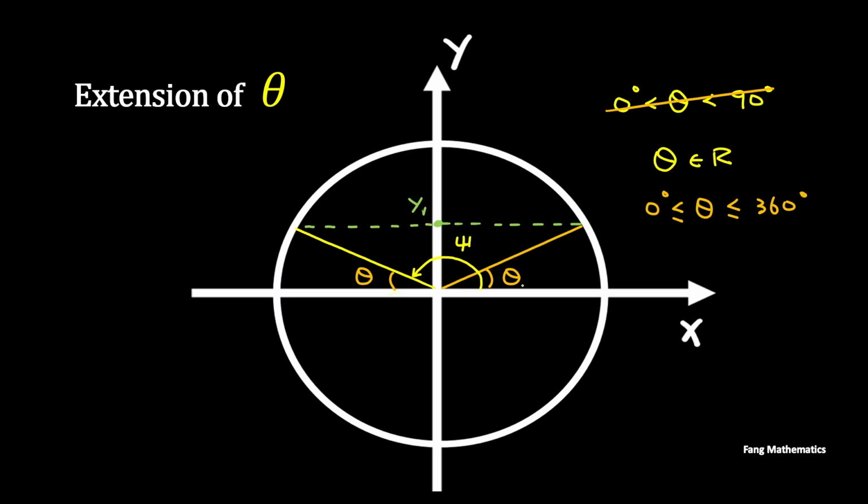You should see a problem when we extend theta. When we extend the angle theta between 0 to 360 degrees, and you're finding the trigonometric ratios, sine theta, cos theta, and tan theta, they usually give you more than one answer, normally two answers. So when your theta has been extended between 0 to 360 degrees, you should provide two answers to the question.